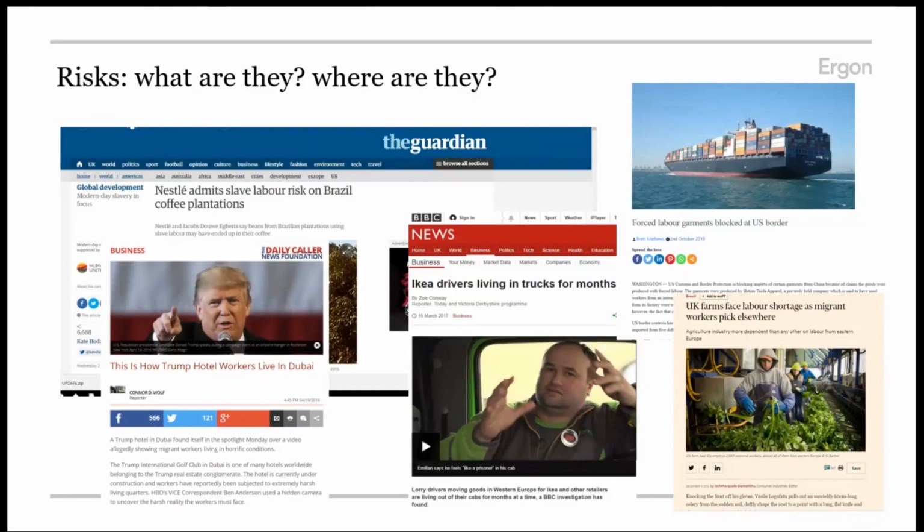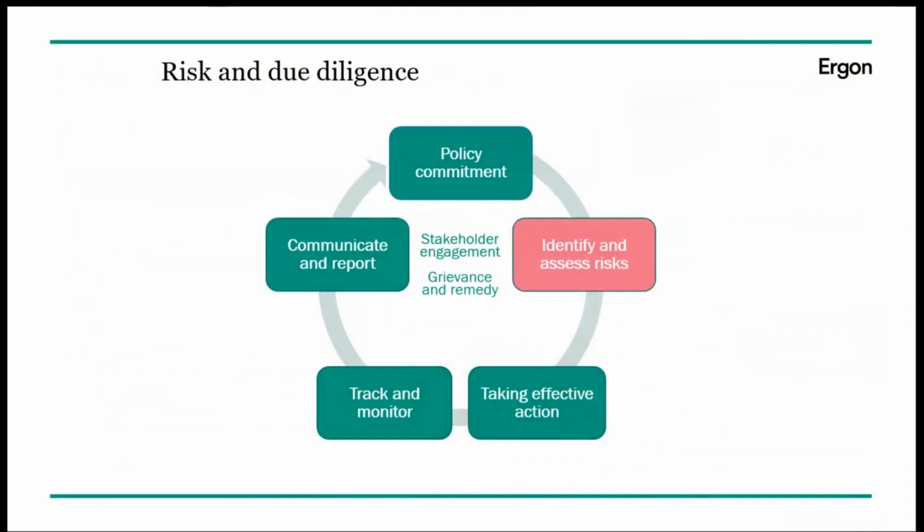So as Tom alluded to in the introduction, risk assessment is part of a broader due diligence process. Since the publication of the UN Guiding Principles on Business and Human Rights back in 2011, this broader picture of due diligence on human rights, I think, has become accepted and more widespread in terms of how it's understood.